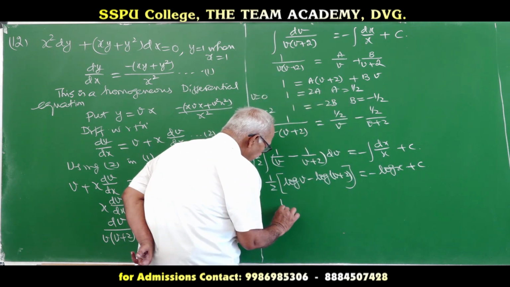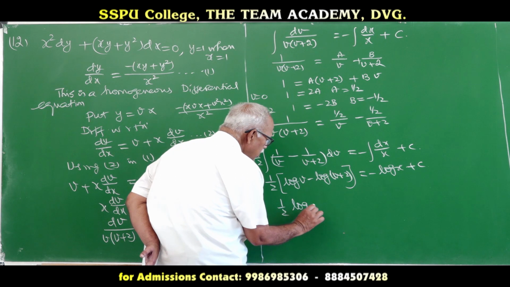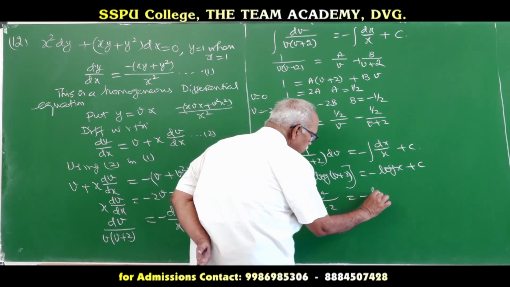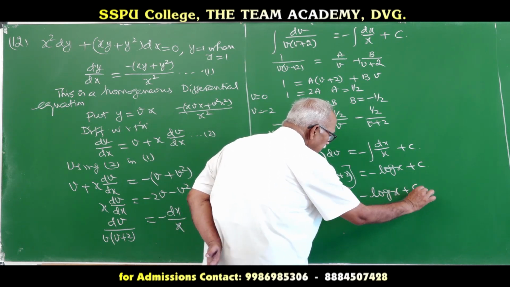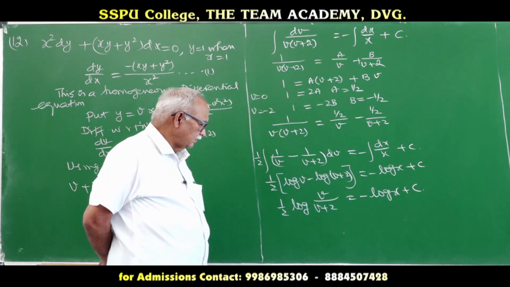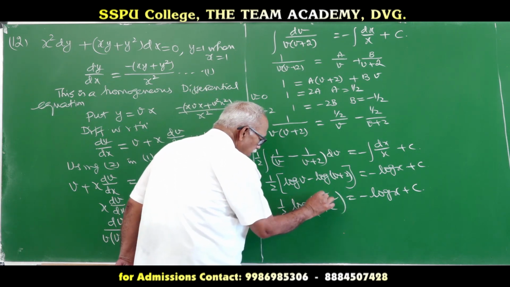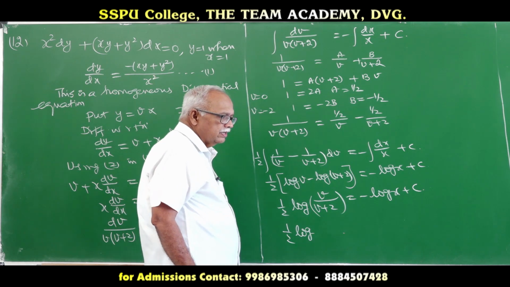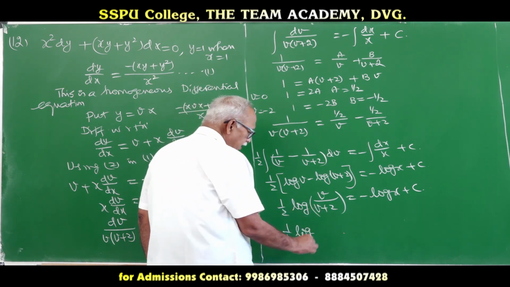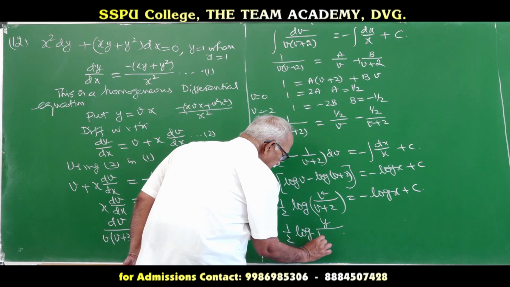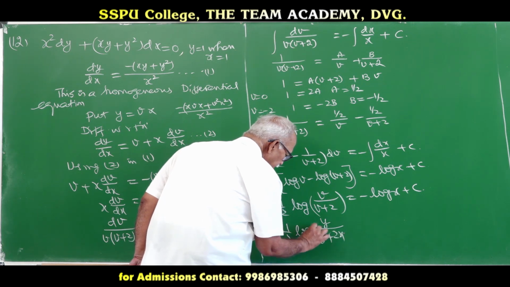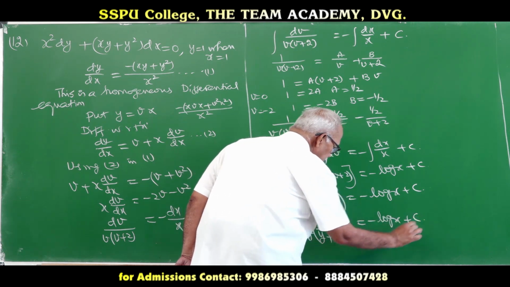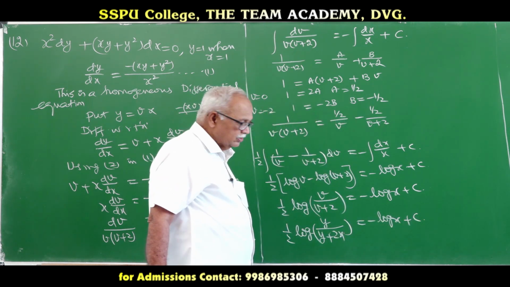Now, this we can write as 1 by 2 log v divided by v plus 2 equals minus log x plus c. Now, substitute y by x for v. So, x cancels, here you will get y and here you get y plus 2x, is equal to minus log x plus c, the general solution.